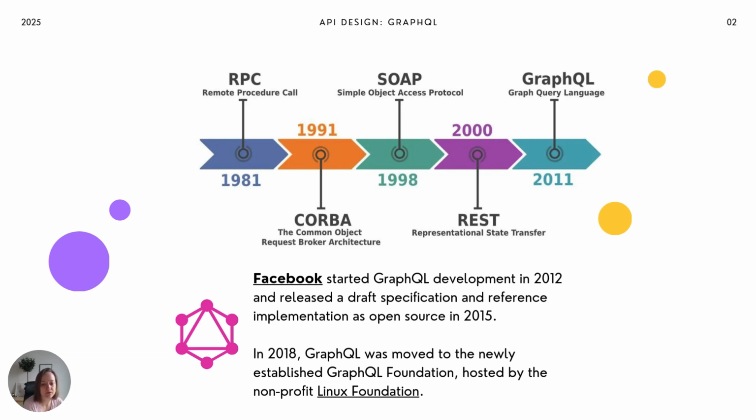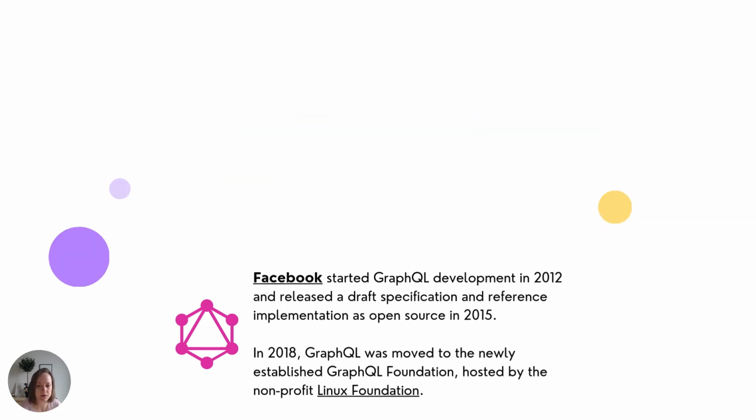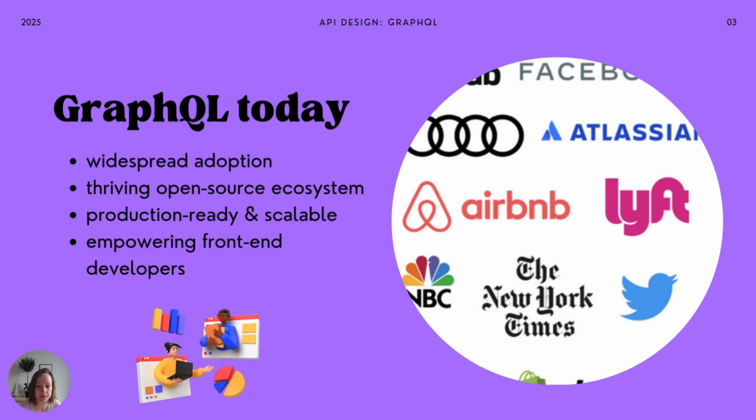A few years later, GraphQL was moved to the newly established GraphQL Foundation and released as open source, the whole specification. Since then, it's been the Linux Foundation that finances the development of GraphQL, and there is an enormous open source community that surrounds this technique.